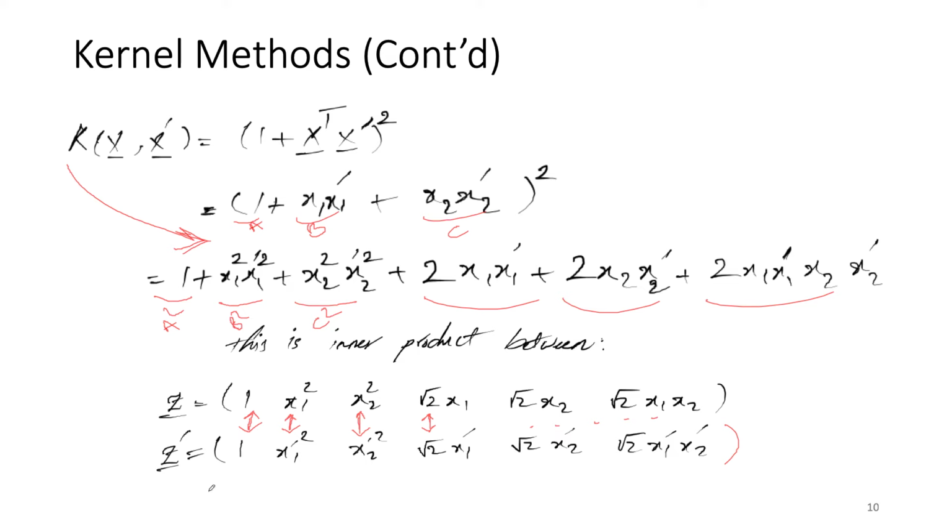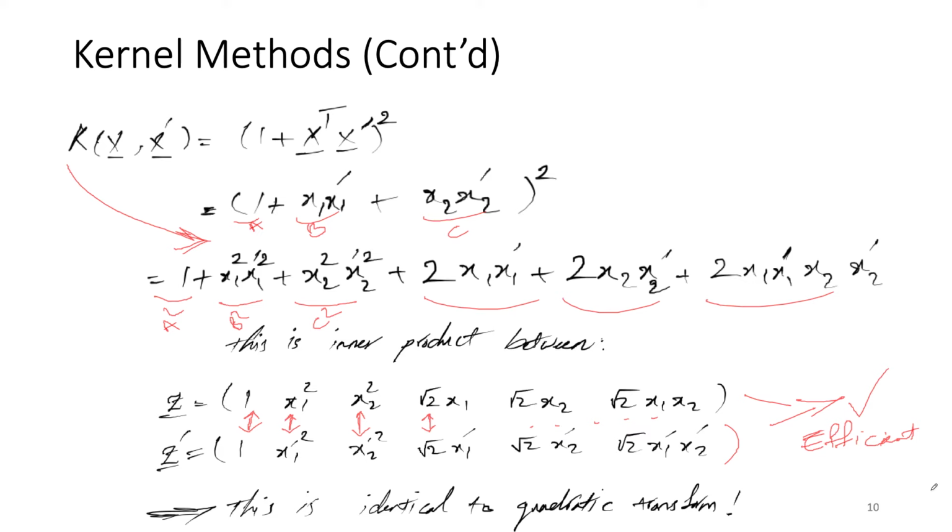So now, in this case, I don't need to compute Z prime directly, but rather just compute an inner product of these 2, right? And this is a very good and efficient way. And the output of this is just identical to a quadratic transformation.